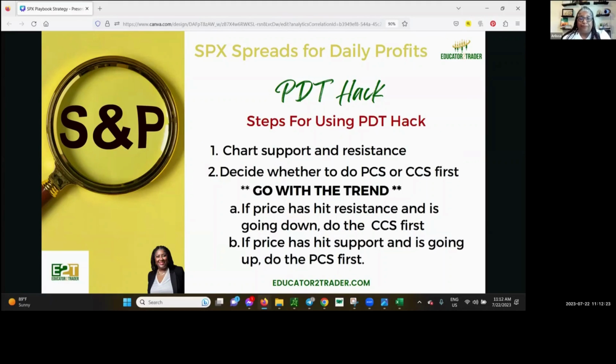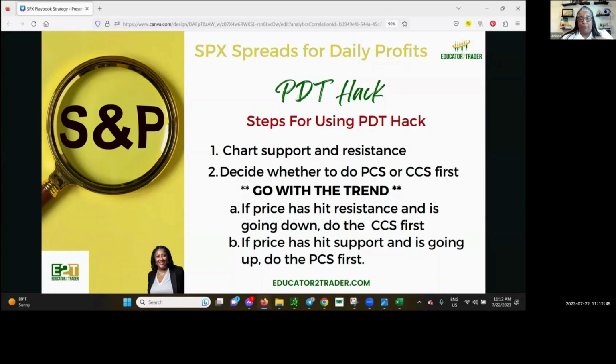Here are the steps. You still want to chart your support and resistance. Everything comes down to the chart. That's why we always start there. You want to decide whether to do a put credit spread or a call credit spread first. You want to go with the trend.